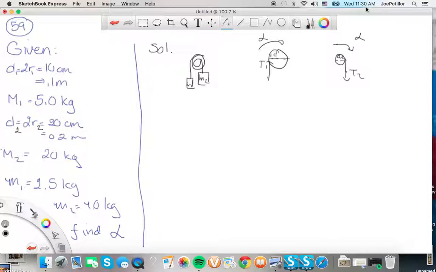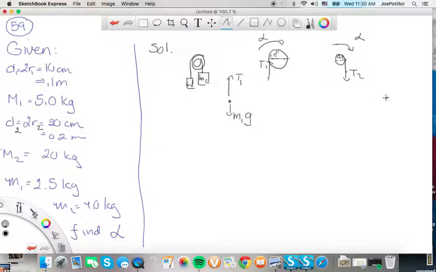And then we need a free body diagram, of course. So the free body diagram here, for the larger cylinder, T1 is bigger than M1G.